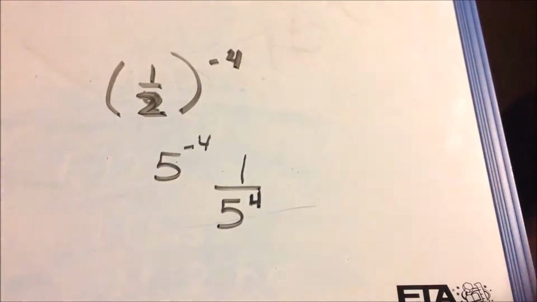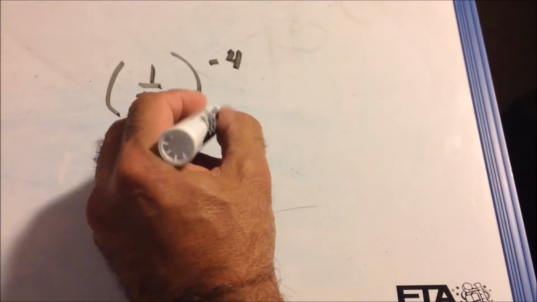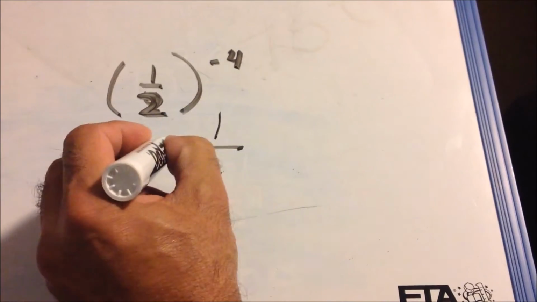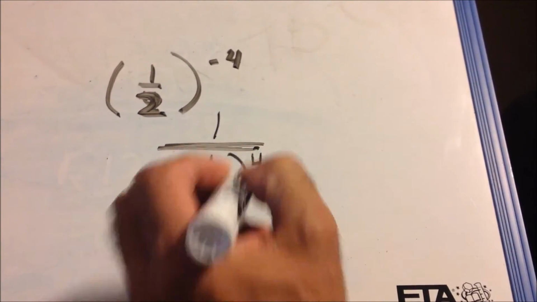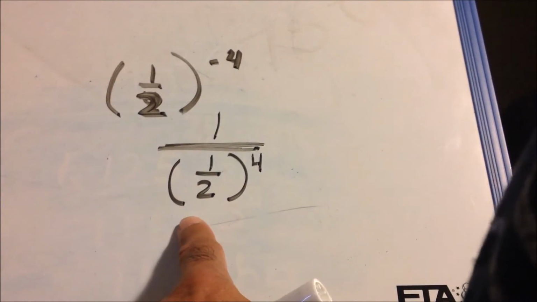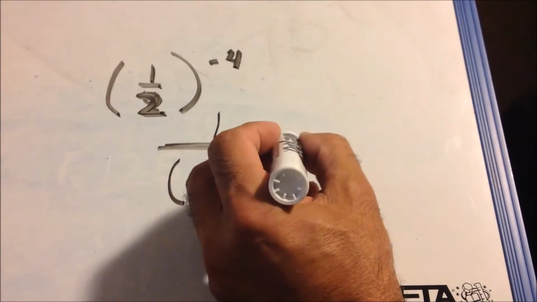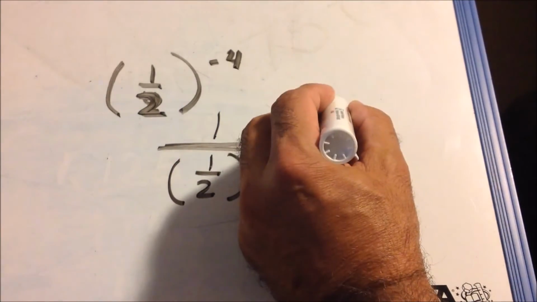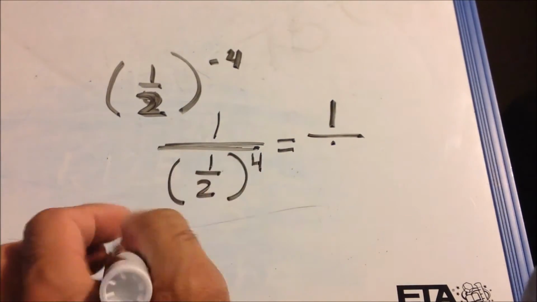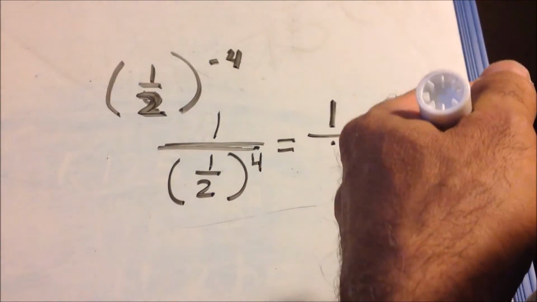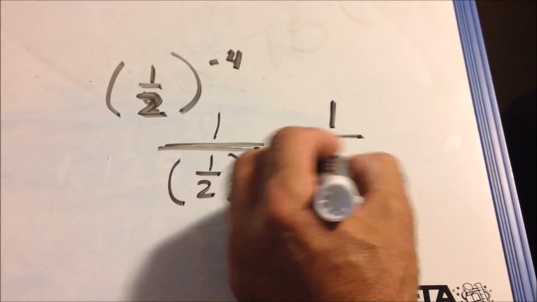We're doing the same thing if we had a fraction. It looks kind of weird. We're saying 1 over 1/2 is a complex fraction here, and we always put parentheses around fractions to the 4th power. So if you see the negatives, remember, we always make fractions. And we can simplify this now. It's 1 over 1/2 to the 4th power, so that's 1/2 times 1/2 times 1/2 times 1/2, which would be 1/16.